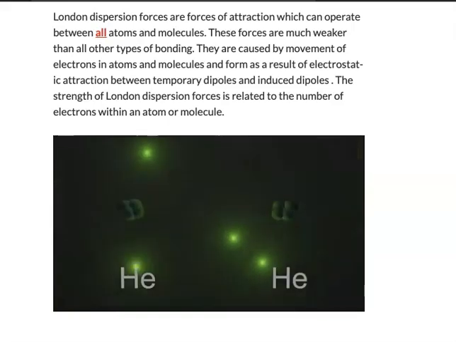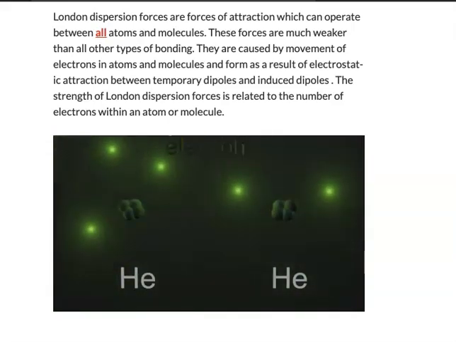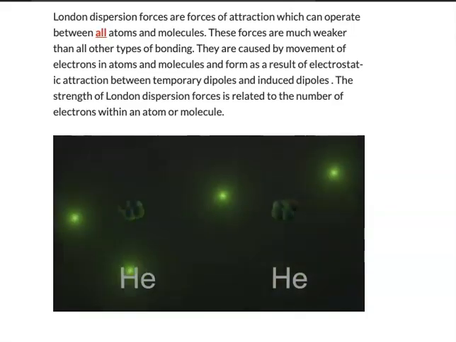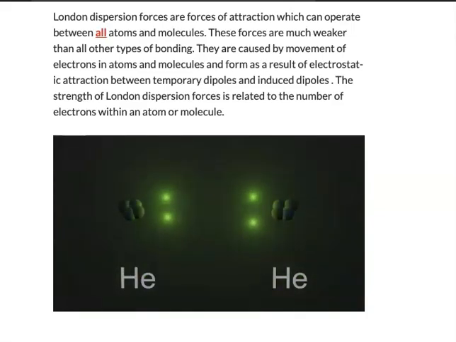Two helium atoms, the little flashy green lights, are indeed electrons and neutrons and protons in the nucleus. And if I slow time down and then stop it, you can see on the left-hand atom, the electrons and protons are on different sides, giving a temporary dipole to the atom.